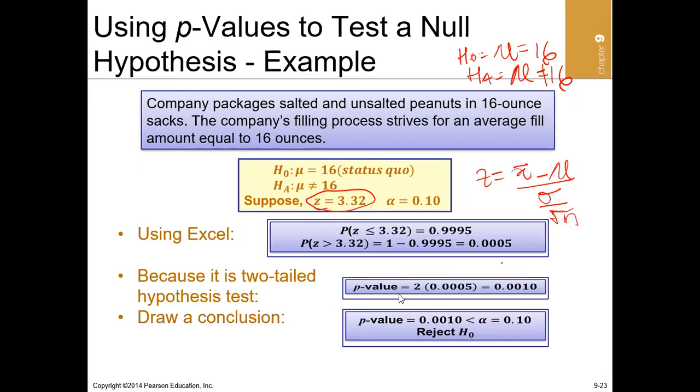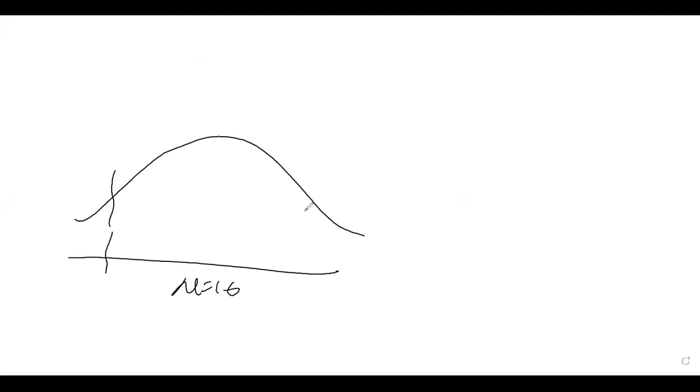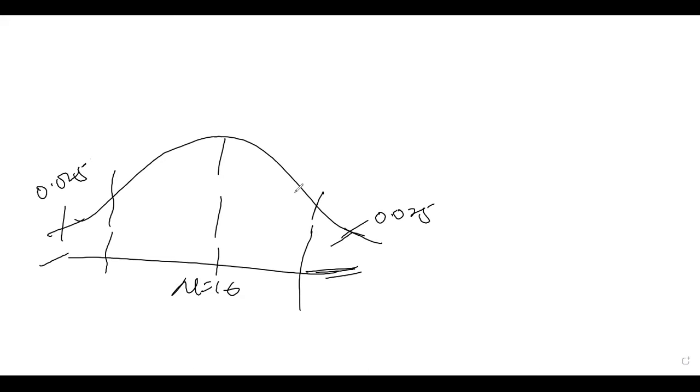And I just said that, if you draw this, mean is equal to 16. So we allow for a little less and a little more. If we are testing a 5% significance level, it means that here will be 0.025 or 2.5%, and here will be 0.025, that's 2.5%, all right?